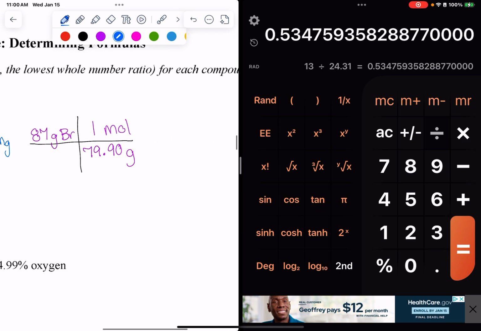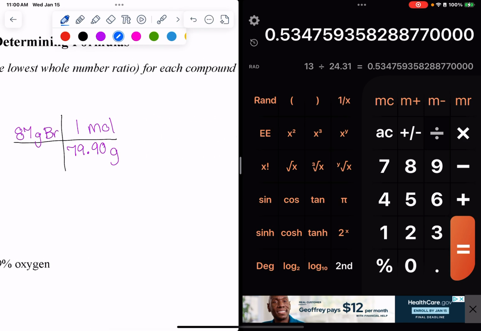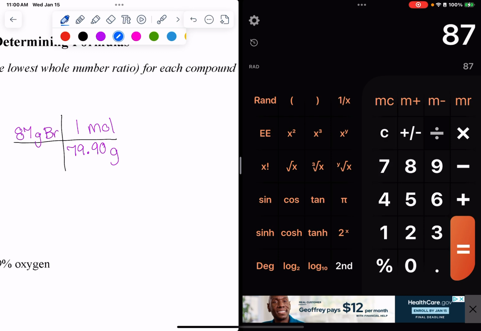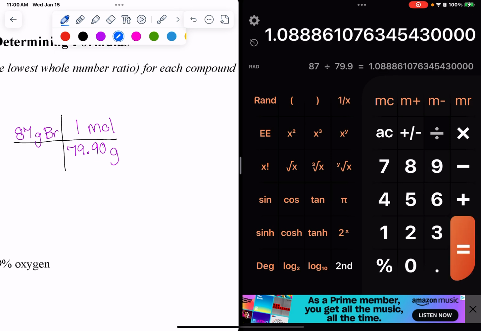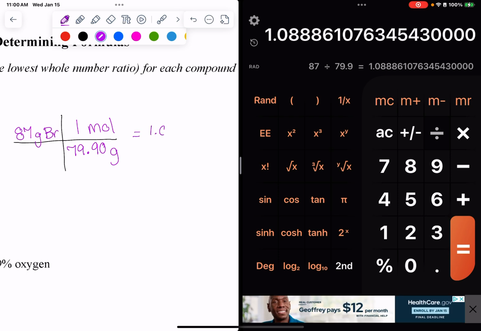And on the other side, for bromine, on top we have 87, and we're going to divide that by 79.9. That gives us 1.09 moles of bromine, Br.